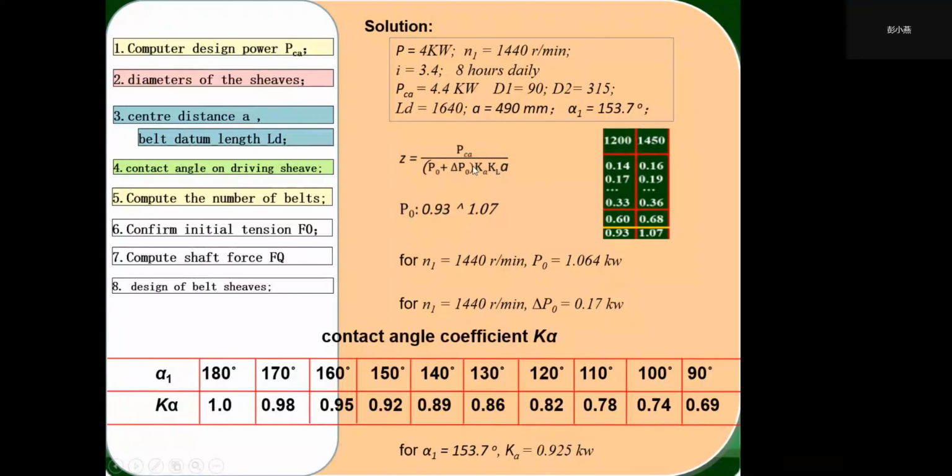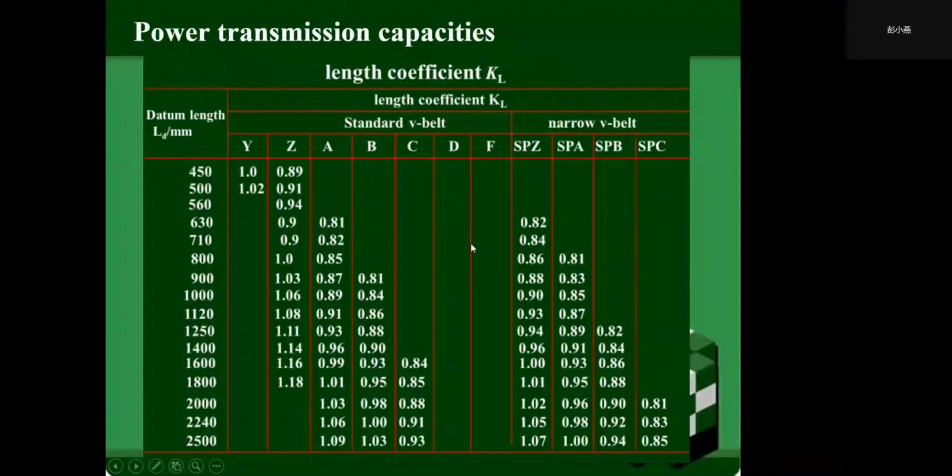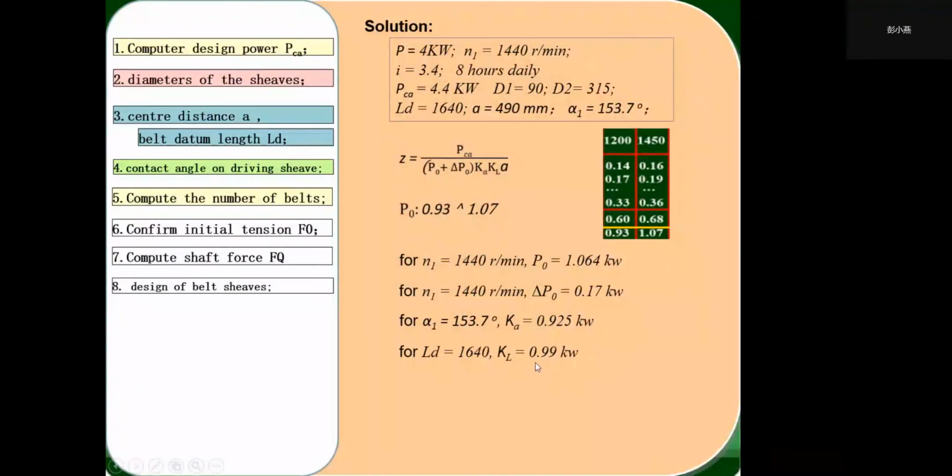Okay, this is for the K alpha, and then we should know the KL, and this is for the length of the belt, and this is the type. We choose A type. Okay, and the length is near this. So for A type, we choose the KL is 0.99.